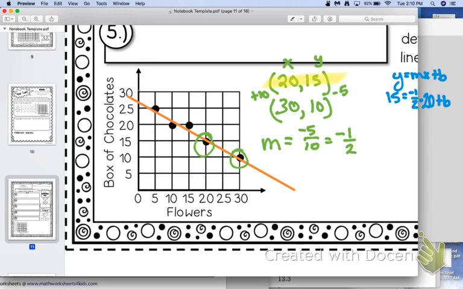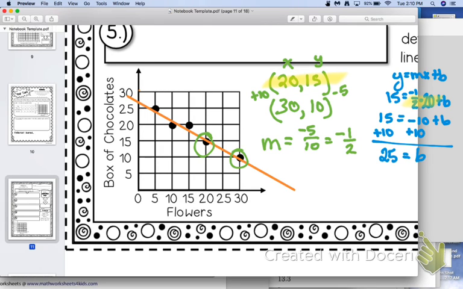Okay, so now I have to simplify what I can, and I can multiply negative 1/2 times 20, and that gives me negative 10, and everything else just comes down at this point. Now, what's bothering the b is that negative 10, so the opposite of negative 10 is adding 10 to both sides. So now I have 25 equals b.